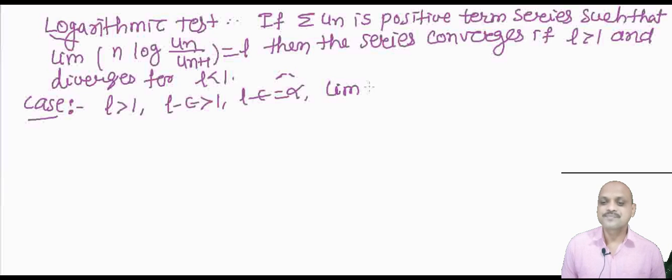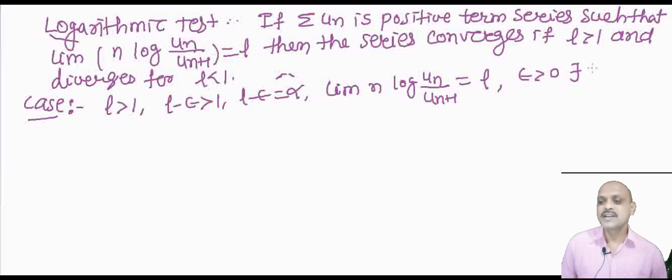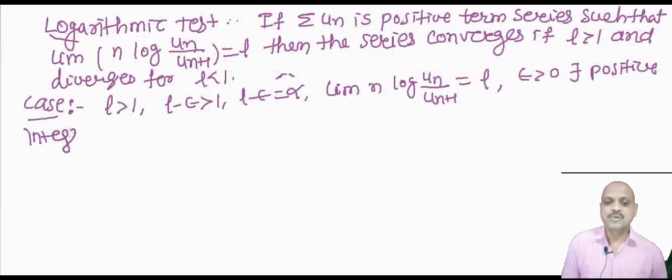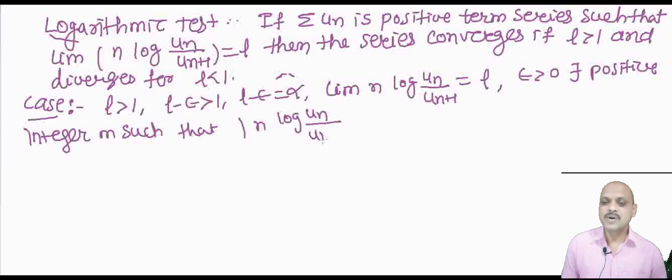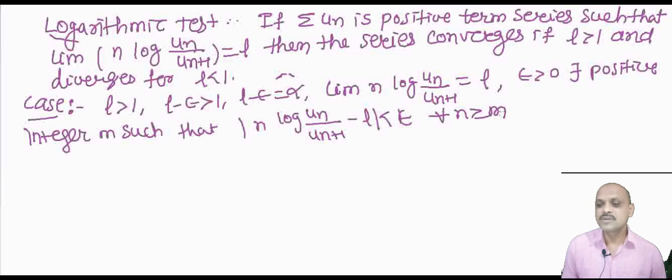We have the limit of n into log of un divided by un plus 1 equal to L. By the definition of limit, for epsilon greater than 0, there exists a positive integer m such that the modulus of n into log of un divided by un plus 1 minus L is less than epsilon for all n greater than or equal to m.